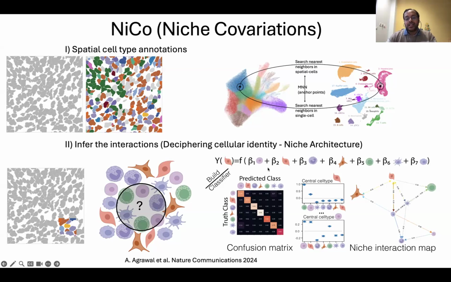The classifier gives me a confusion matrix, and from the confusion matrix we can find out that this is my cell type, and this cell type is predicted by the neighborhood cell types. The ones with a higher positive score are most likely to interact with my current cell type. Based on this y-axis we can put some cutoff and get this niche interaction map. We call it a niche because in a given tissue region, particular cell types frequently interact with each other.